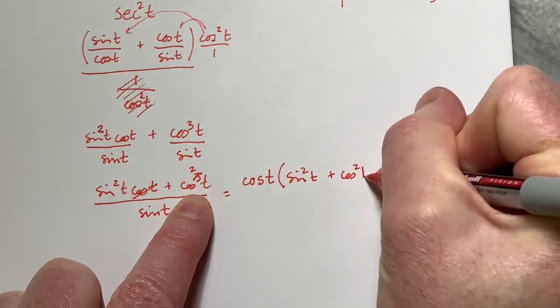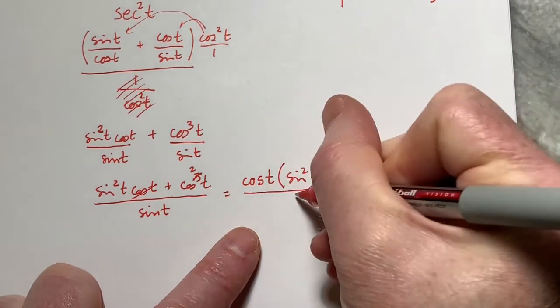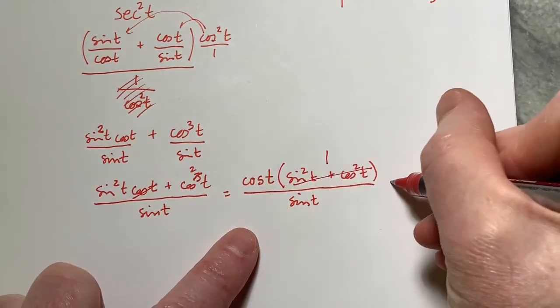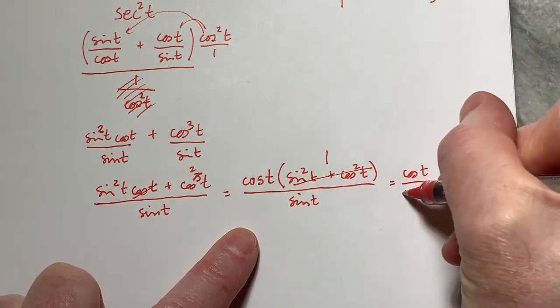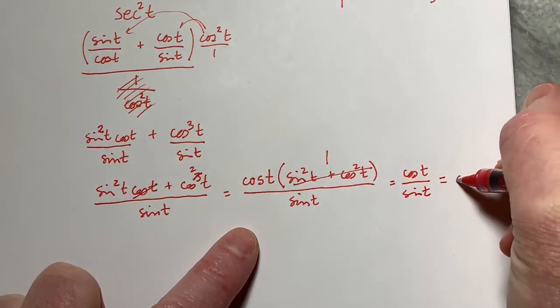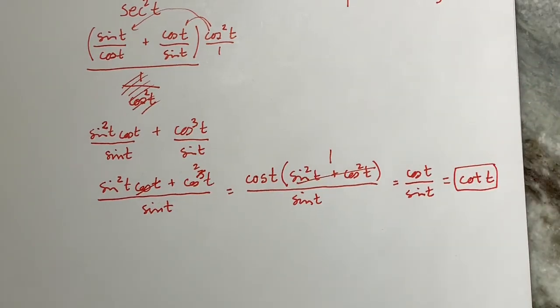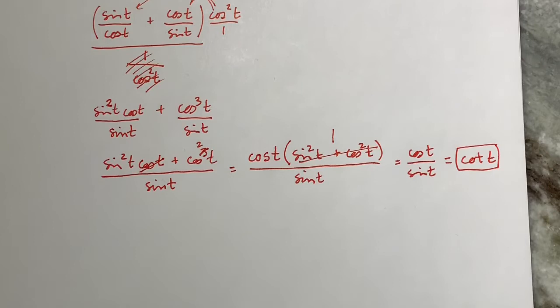And what is sine squared plus cosine squared on the inside? That's right. All of that's equal to 1. And now I'm left with cosine over sine, which we know is cotangent. All right? So that was kind of an ugly looking problem, but it is something that I can actually do.